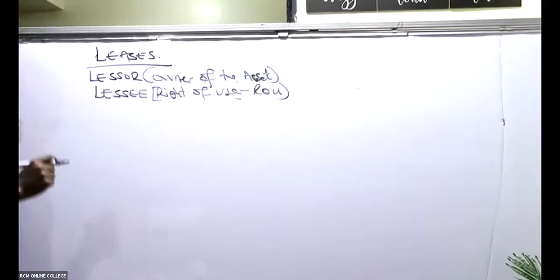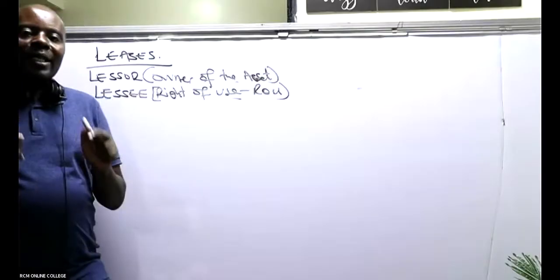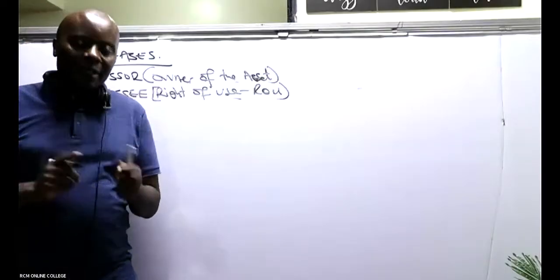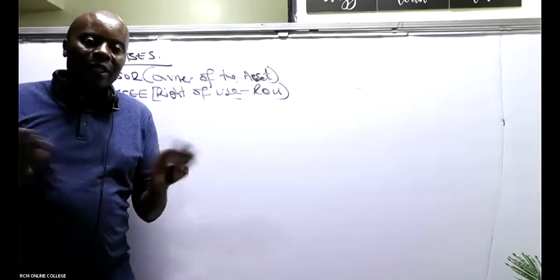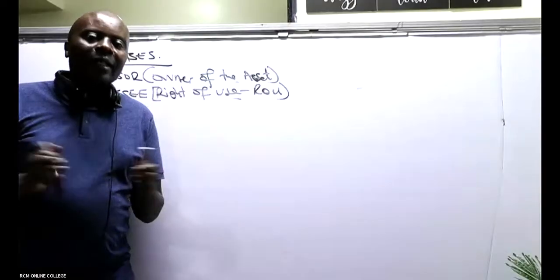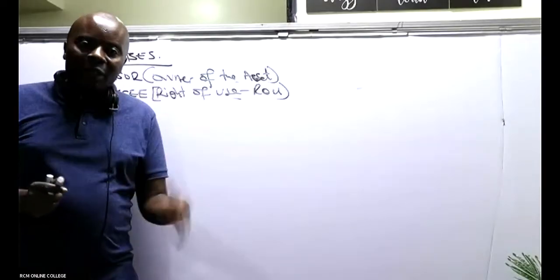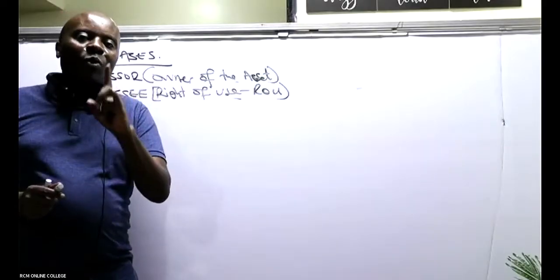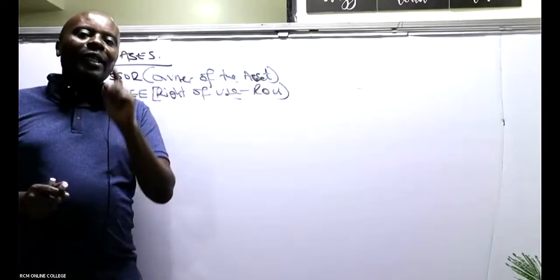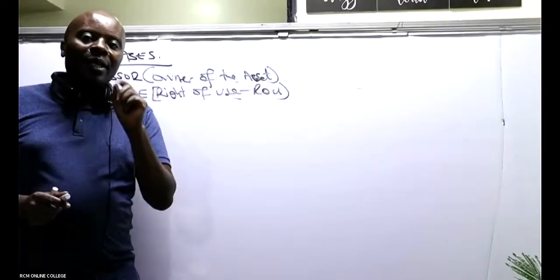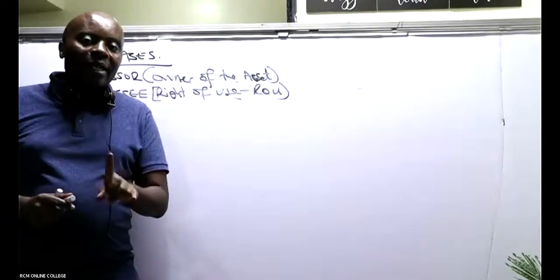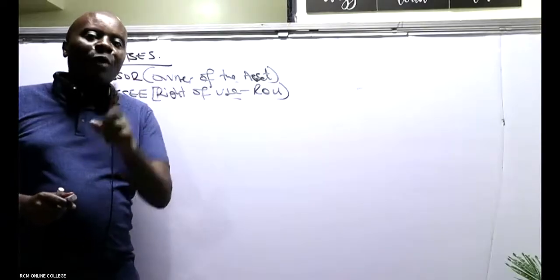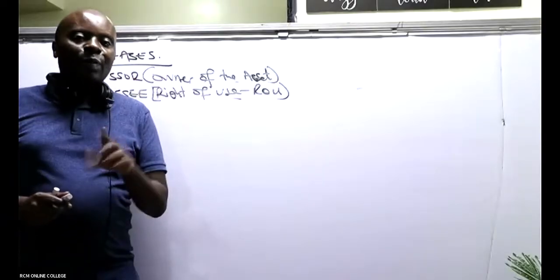So he's given the right to use this particular asset, which he doesn't own. And then at the end of each month, for example, or even at the beginning of each month, he'll be required to pay what we call lease rentals. He'll be required to stay in this particular premises for a specified period.